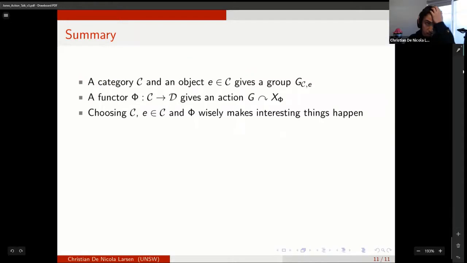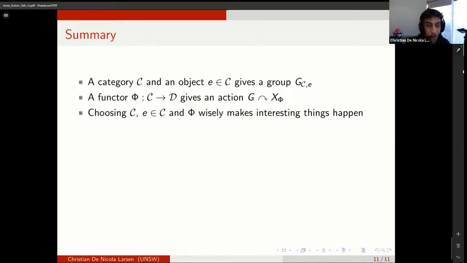So just a summary of my talk and what we've really been looking at. What I would like you to take away from this talk is that a category and an object give us a group of fractions, and then a functor coming from this category into another category gives us a group action or a representation in the target category. And choosing our category and our object and our functor wisely makes interesting things happen.